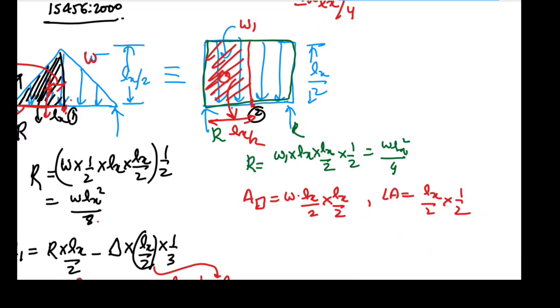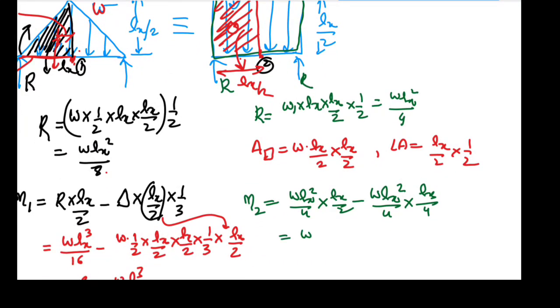So let's evaluate the bending moment at 2, which is equal to reaction R, which is W1 Lx square by 4 into its lever arm, which is Lx by 2, minus area of the rectangle, which is W1 Lx square by 4 into lever arm of the rectangle, which is Lx by 4.